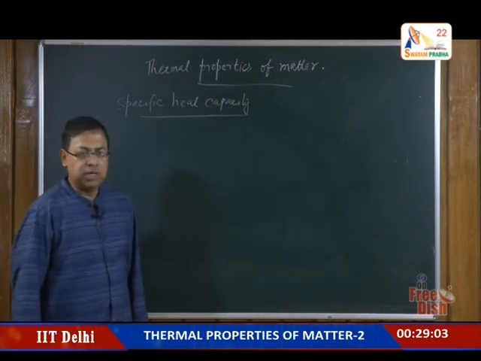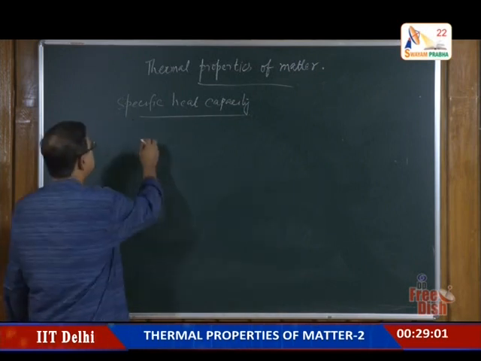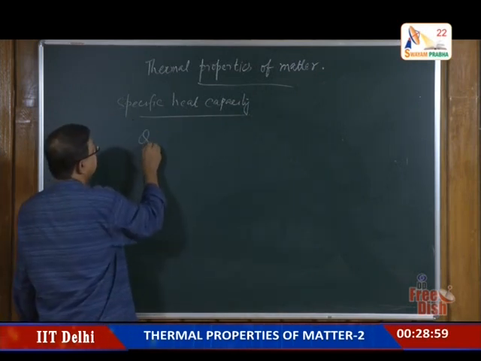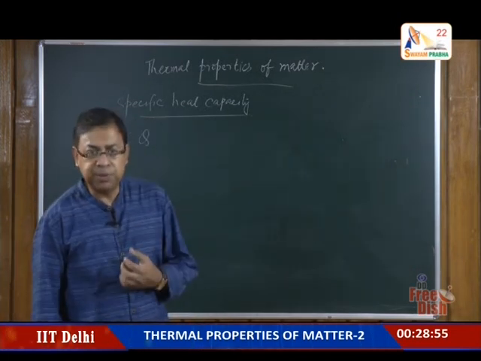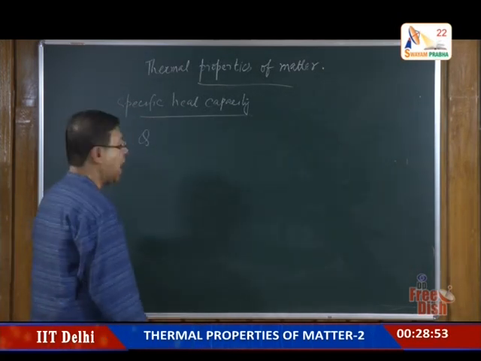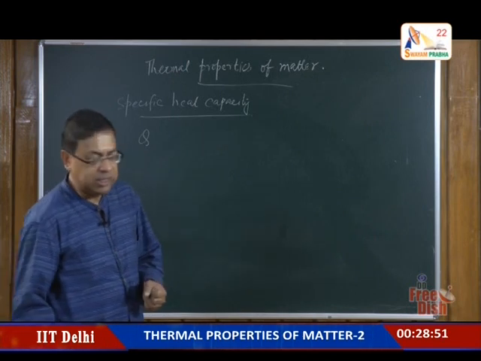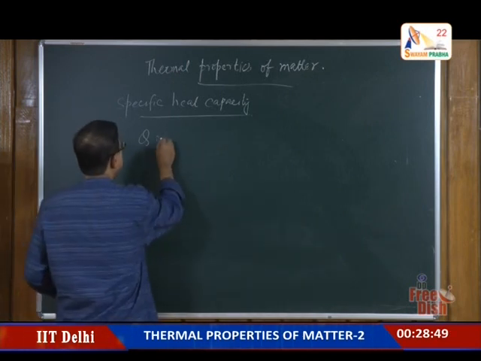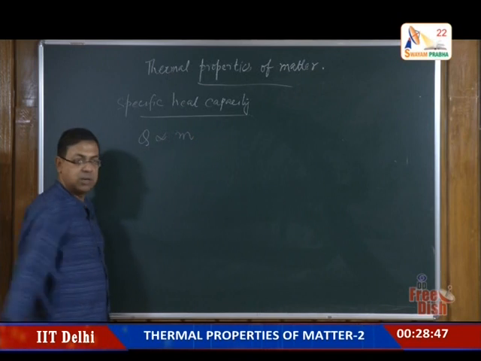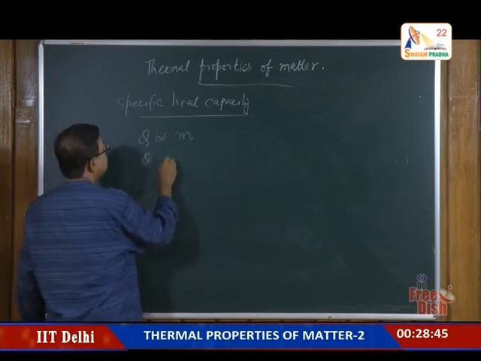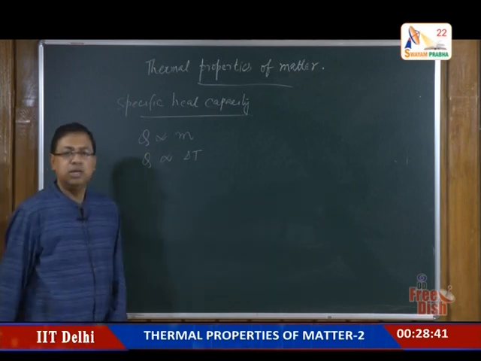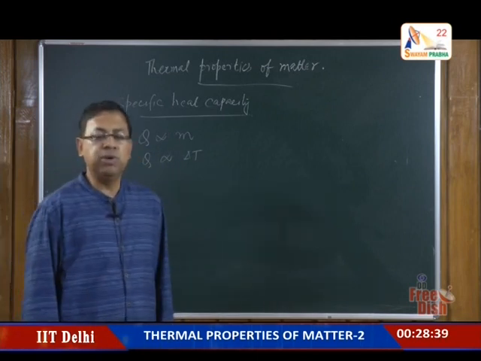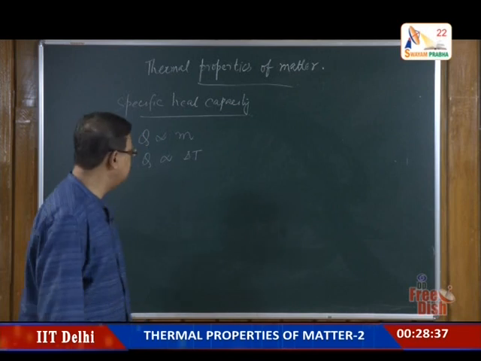The way it was defined is that the amount of heat that is required to heat up a substance and thereby cause a change in temperature is proportional to the mass of the substance and is proportional to the change in temperature that it induces because of the addition of heat.